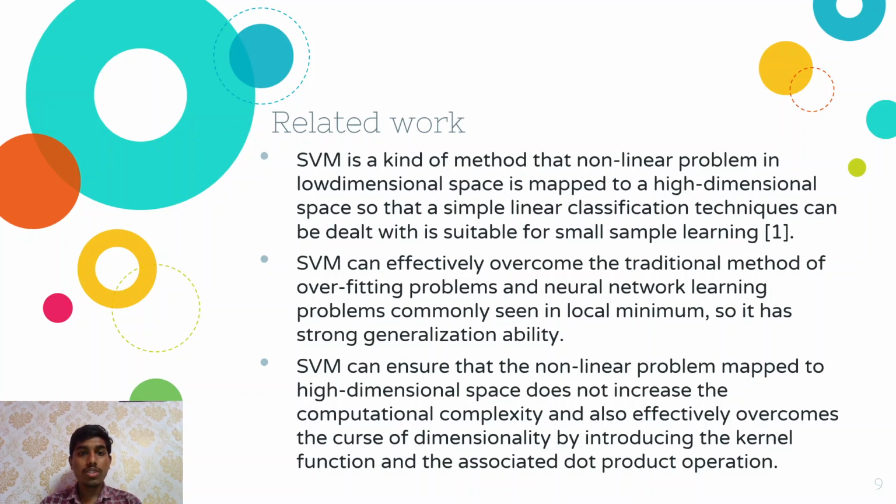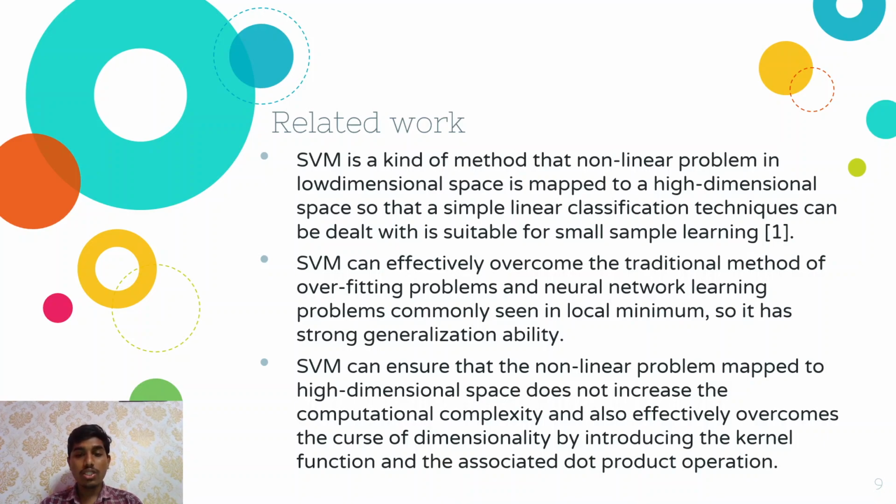SVM is a kind of method in which a nonlinear problem in low dimensional space is mapped to a high dimensional space so that it can be dealt with by simple linear classification techniques, and it is suitable for small sample learning. SVM can effectively overcome the overfitting problems of traditional methods and the local minimum problems commonly seen in neural network learning, so it has strong generalization ability.